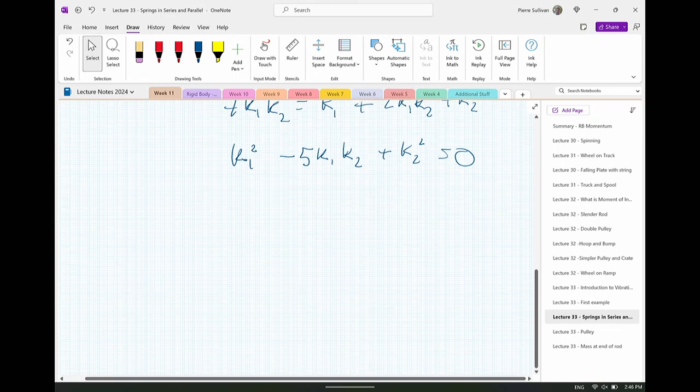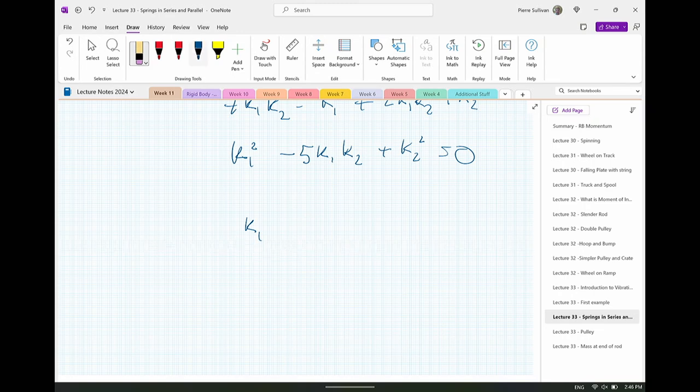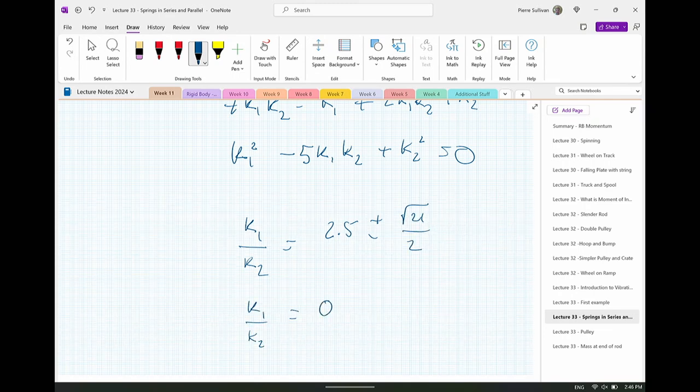And I get k1 over k2, which is equal to, I'm going to go just with the partial one, square root of 21 over 2, or k1 over k2 is a ratio of 0.21, or 4.79.